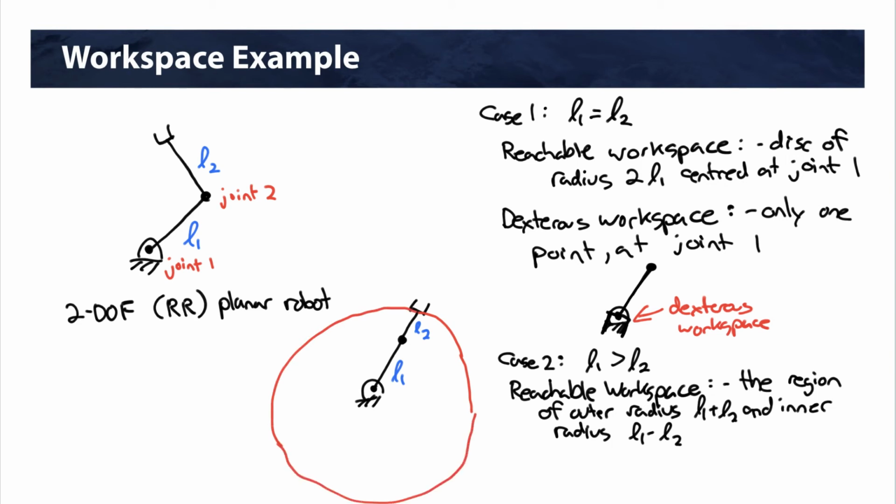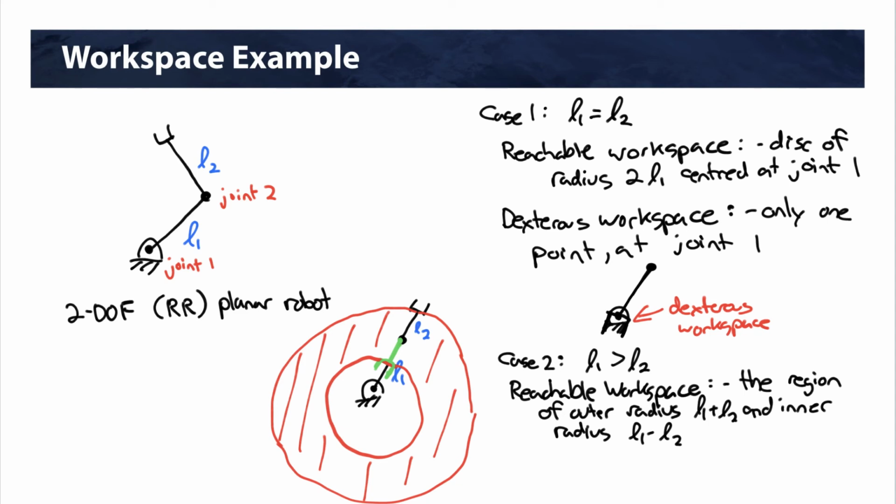And then the inner would be, if we were to fold L2 back here. These aren't very good circles, but you get the idea. This hashed area would be the reachable workspace. So when we fold that link back on itself, we can reach the points along this inner circle, and then any point in between the inner and outer circles there.